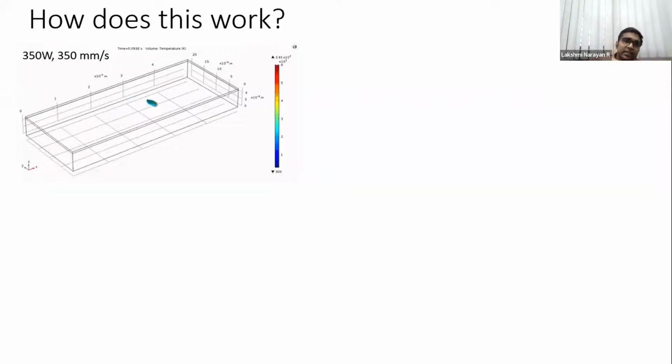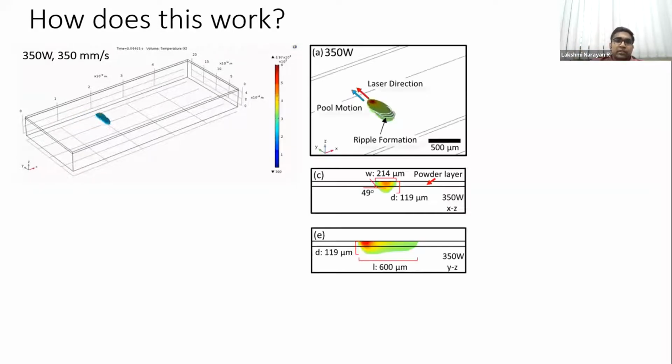And you can clearly see, if you're going to do a stripe scanning strategy at 350 watt, 350 mm per second, what you really see is that when you move in a zigzag fashion, the direction of the melt pool motion is parallel with the direction of the motion of the laser beam, right? That's very clear. You see that the pool motion and the laser direction motion are the same, and there are going to be ripples that form behind it.